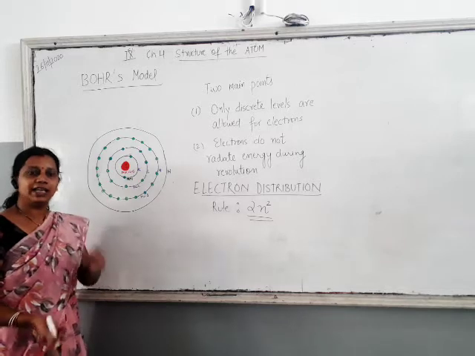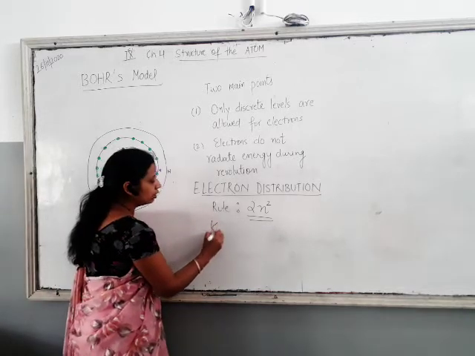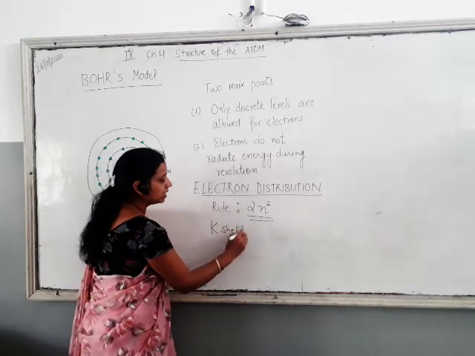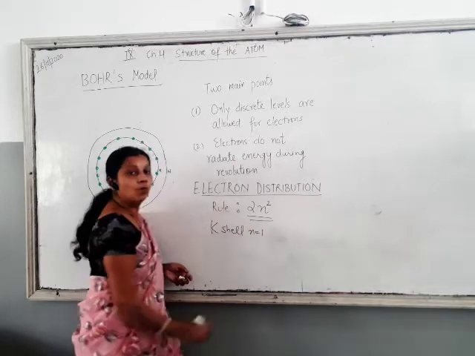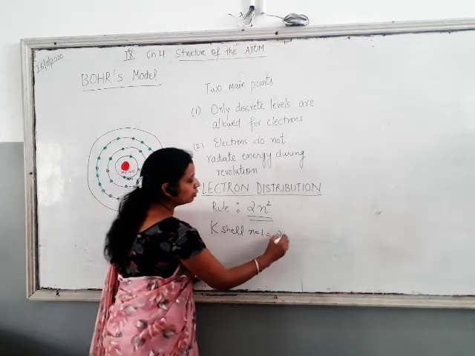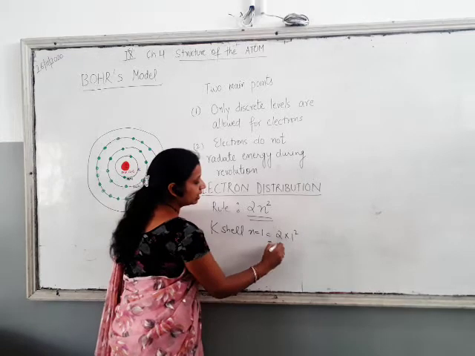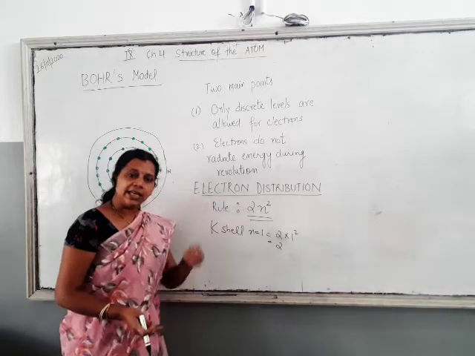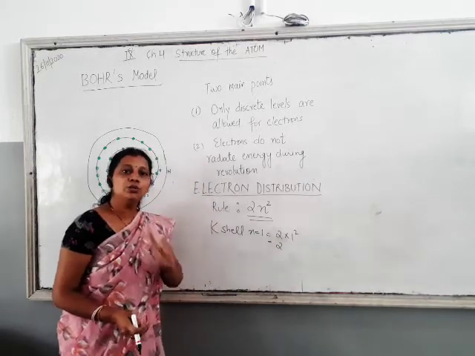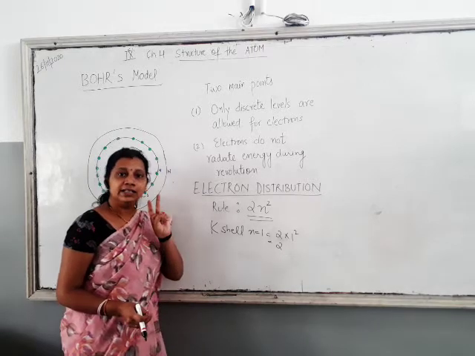Let's start with K shell. For K shell, n is 1. So the number of electrons is 2 into 1 square. That is 2. That means in the innermost orbit only 2 electrons can exist.